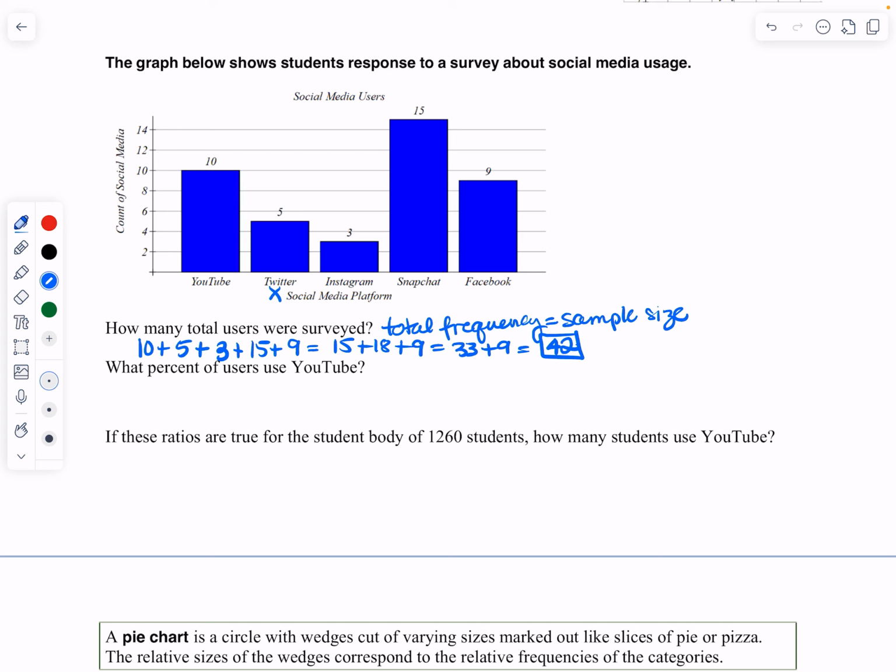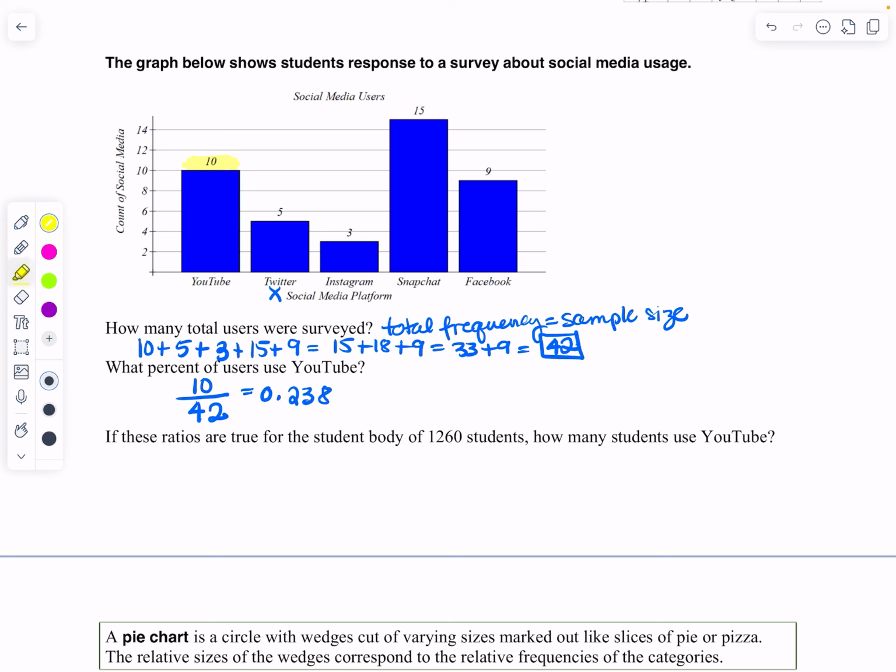What percentage of users use YouTube? Well, if I look up here, I see that the number of YouTube users is 10. So I put 10 over the sample size, which is 42, and now I have to divide that. 10 divided by 42 will give me 0.238.